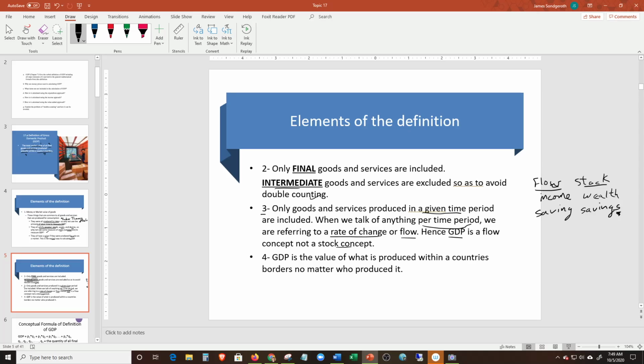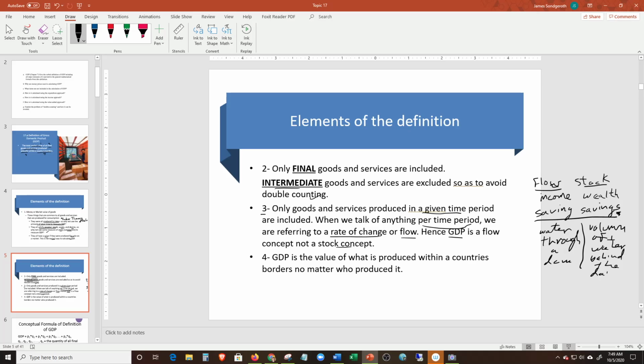And another flow versus a stock that I use in the circular flow, and I discussed this last lecture, is the flow of water through a dam and the volume of water behind the dam.